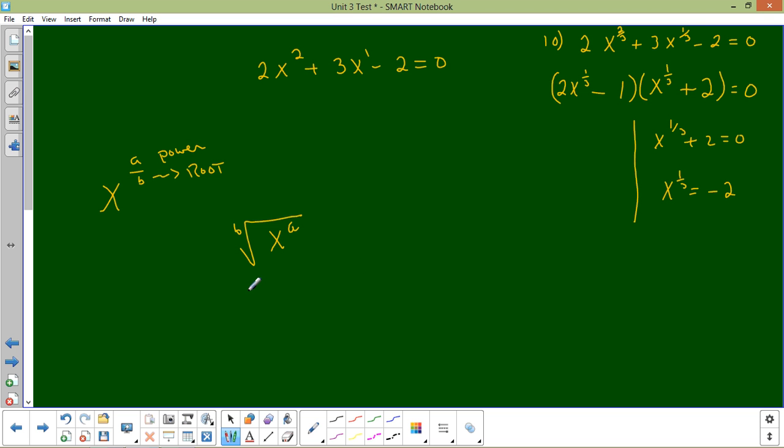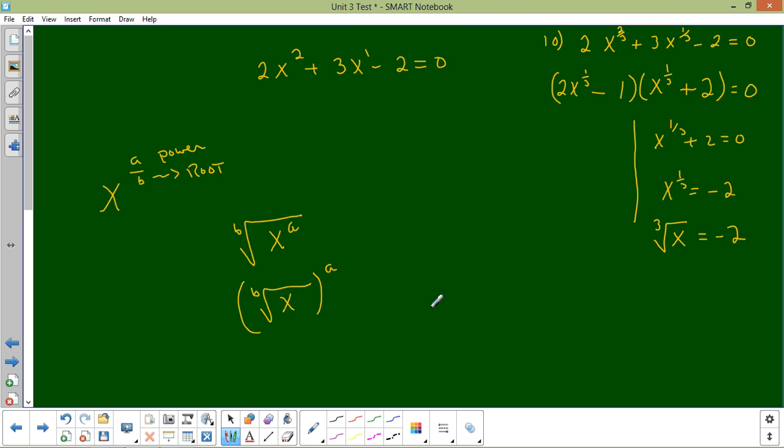Or if you prefer, you can write it as the B root of x, to the A power. You can do it whichever way you want. So this means cube root of x is -2, right?